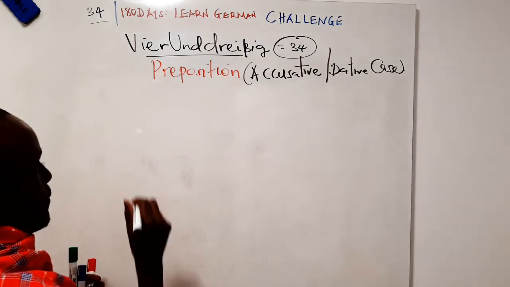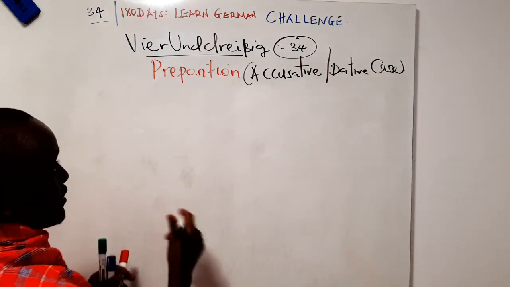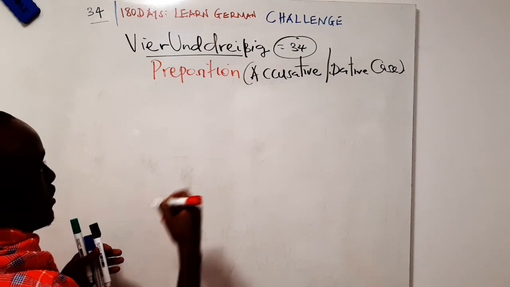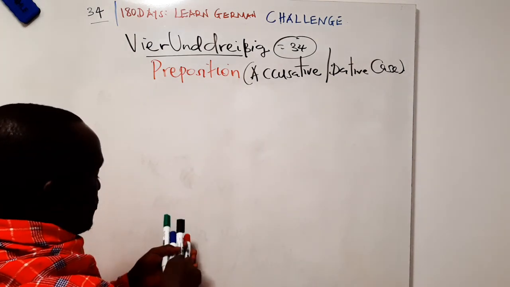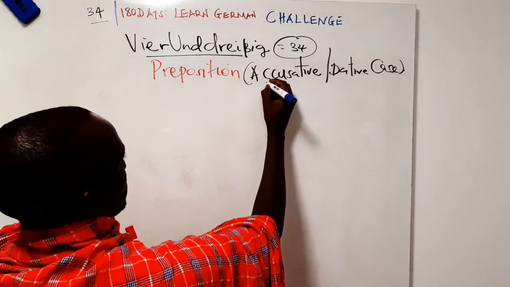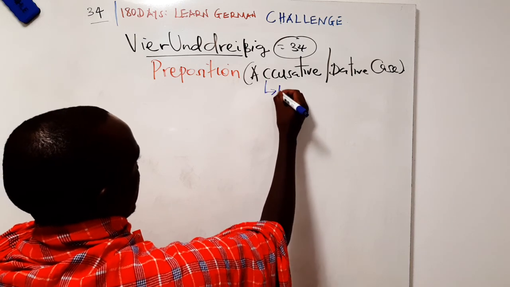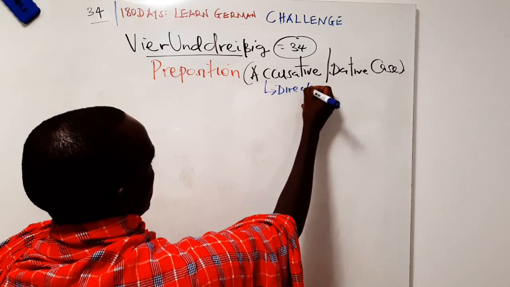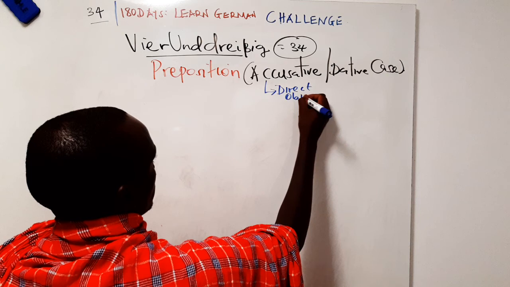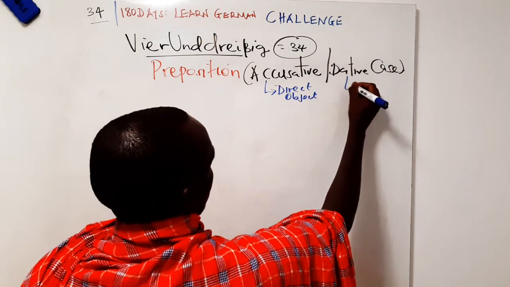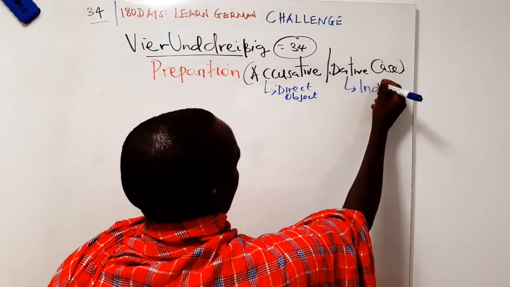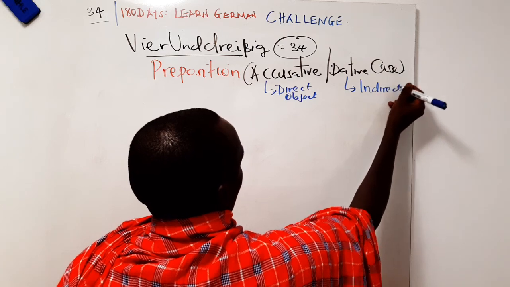So here, remember that accusative is the direct object, and dative is the indirect object.